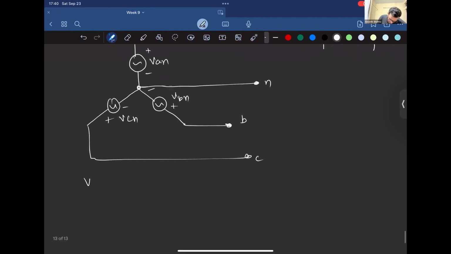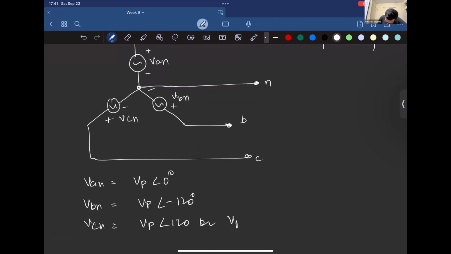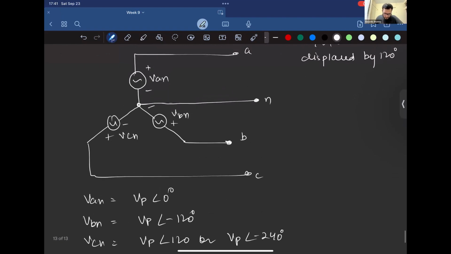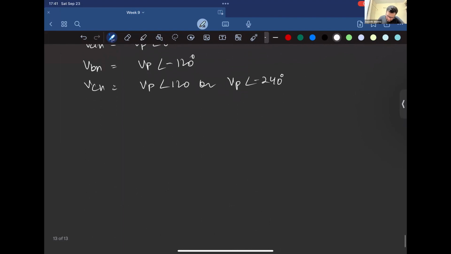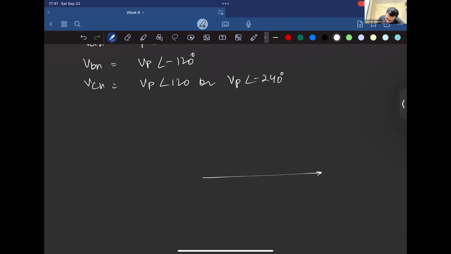If we say VAN is equal to VP, then in reference to that, VBN is displaced by an angle of 120 degrees and it's lagging, right? And VCN is leading by an angle of 120 degrees or lagging by an angle of 240 degrees, whichever way you would like. So how can we represent it?